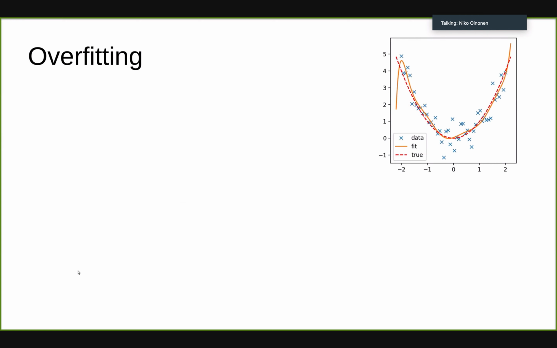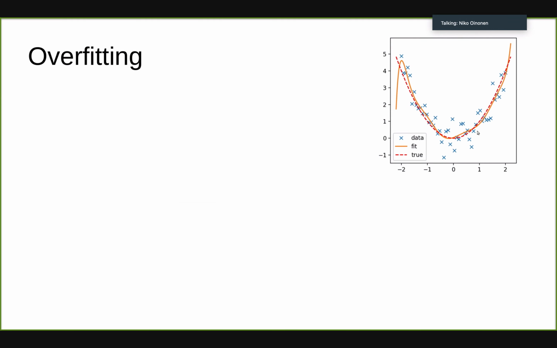Now that you're fitting the parameters in your model, one thing that you often have to wrestle with is overfitting. So if we, for example, take some data here represented by the blue crosses, and then we fit some function, which is the orange line, to the data, then we might find that for the examples that we have, the fit is actually pretty good.